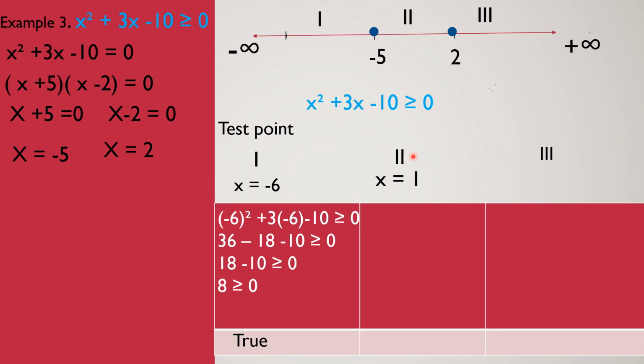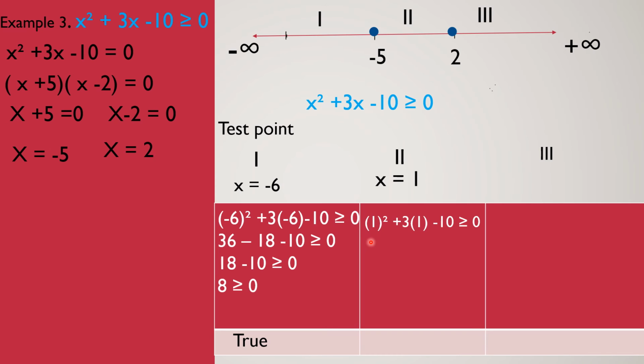Okay, now this one. We have negative 5 and we have 2, which means we're going to choose 1, so it's easy for us to substitute. You can choose negative 4, negative 3, negative 2, negative 1, 0, or 1. Actually, 0 is the best, but I have here x as 1. So I'm going to replace x by 1.